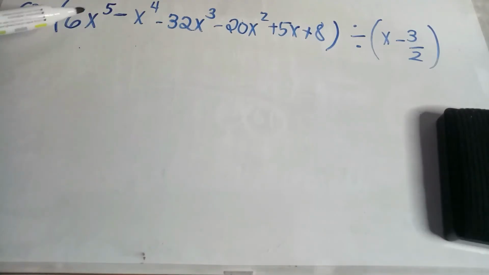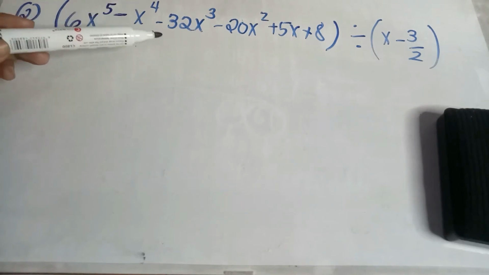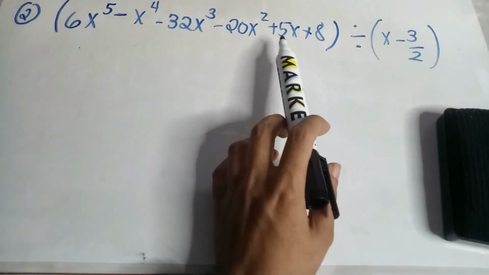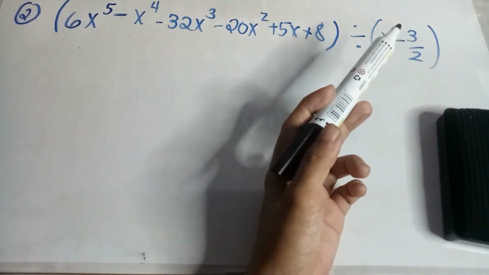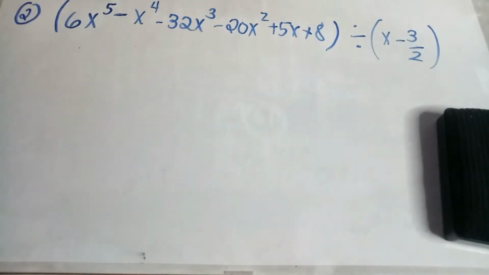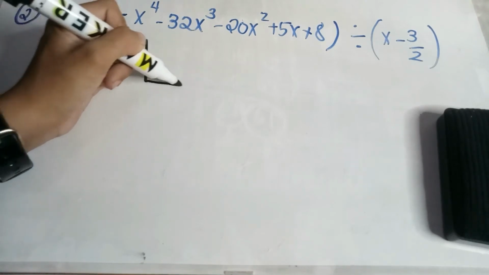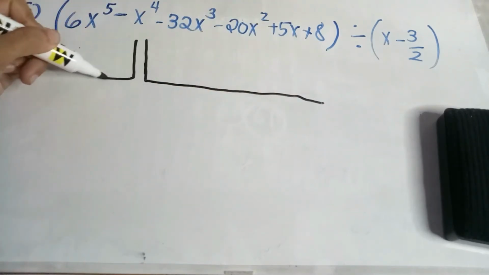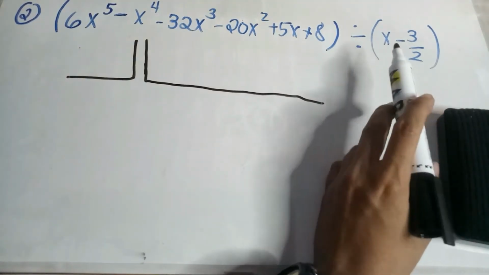Divide 6x raised to 5 minus x raised to 4 minus 3x cubed minus 20x squared plus 5x plus 8 divided by x minus 3 over 2. So write the inverted division sign. Then get the value of the x in the divisor.